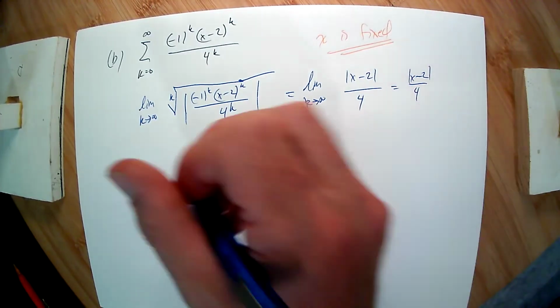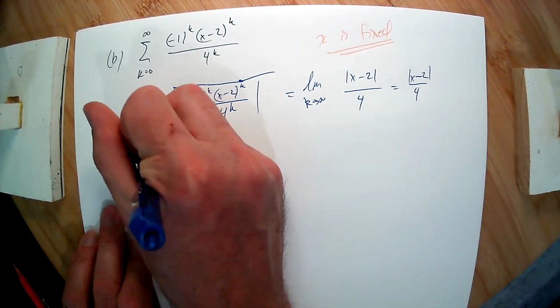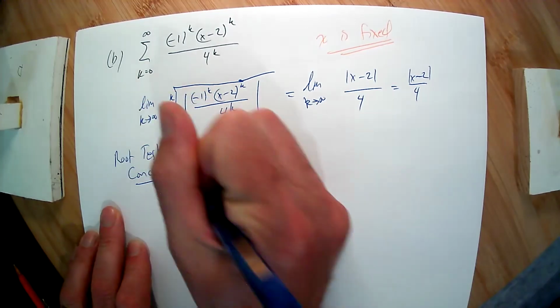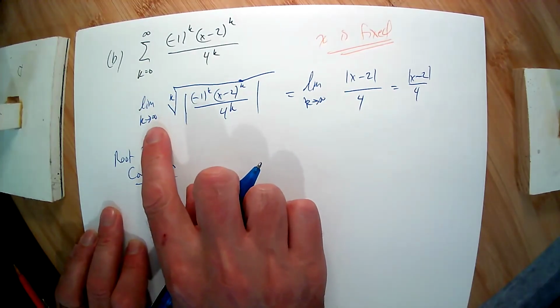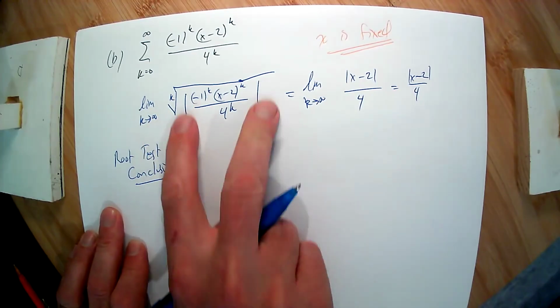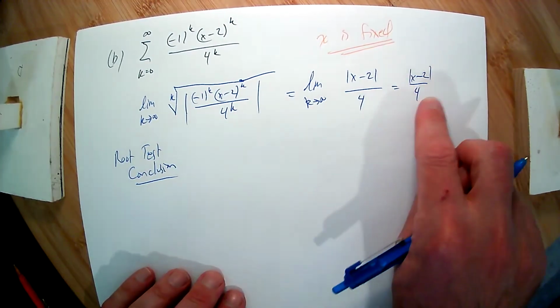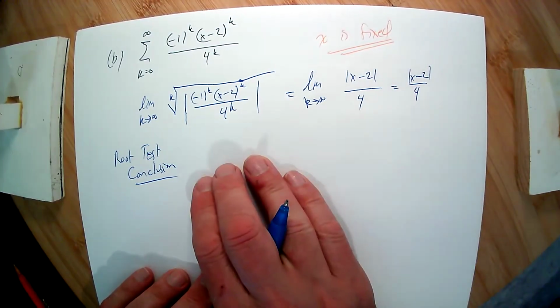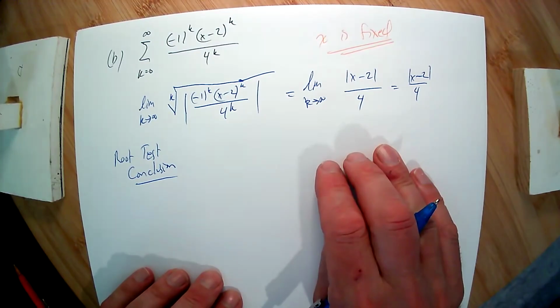All right. Now, the root test conclusion says that when you take the limit as k goes to infinity of the kth root of the absolute value of the kth term, wherever this is less than 1, you get absolute convergence. Greater than 1, you get divergence, okay?